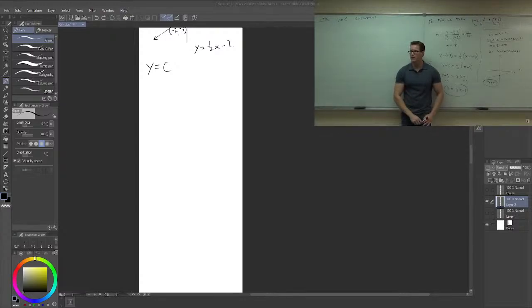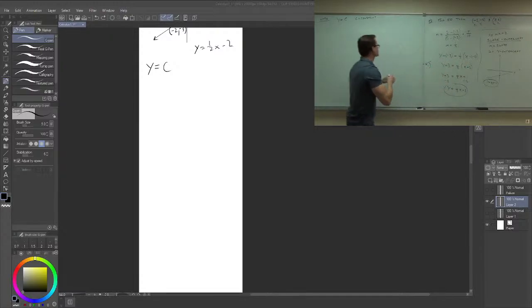So there's no way to have this line crossing the y-axis elsewhere. Does that make sense to you? The only way you can do that and have a constant line is like this. That's a horizontal. So if you have y equals, that's saying you're going to have a y-intercept at that number and it's going to be horizontal. So when y equals a constant, you're talking about a horizontal line.